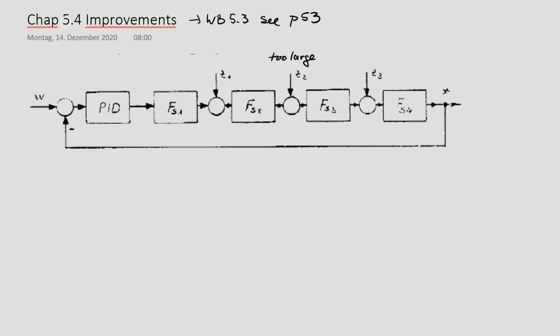In my numbering, chapter 5.3 is covered by project number 4, the project with the integrator in the process. So the first idea is what we call precontrol. What is this? Let's look at the next picture.